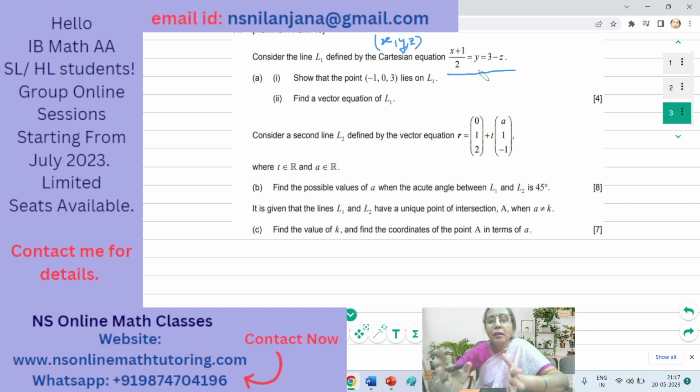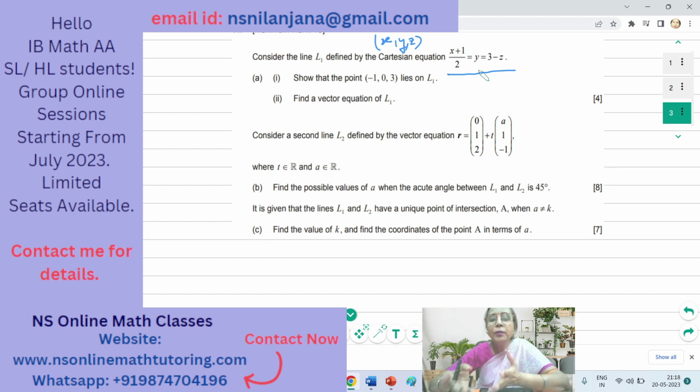But they will be equal to each other for every point on the line. Okay. So, if this point -1, 0, 3 lies on the line L1, whose Cartesian equation is given to us, then on substituting -1 for x, 0 for y, and 3 for z, we should be having this relation satisfied.